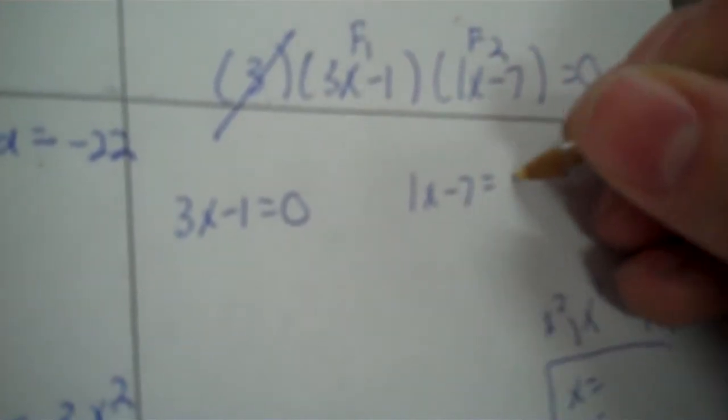Then you bring that over here. Now, does this parentheses have x? No, it doesn't. It's just a 3. So it's a throwaway factor. You get rid of it, okay? And you go F1, F2 from here. Okay, if it doesn't have an x, it's a throwaway. So 3x minus 1 could equal 0, and then 1x minus 7 could equal 0.